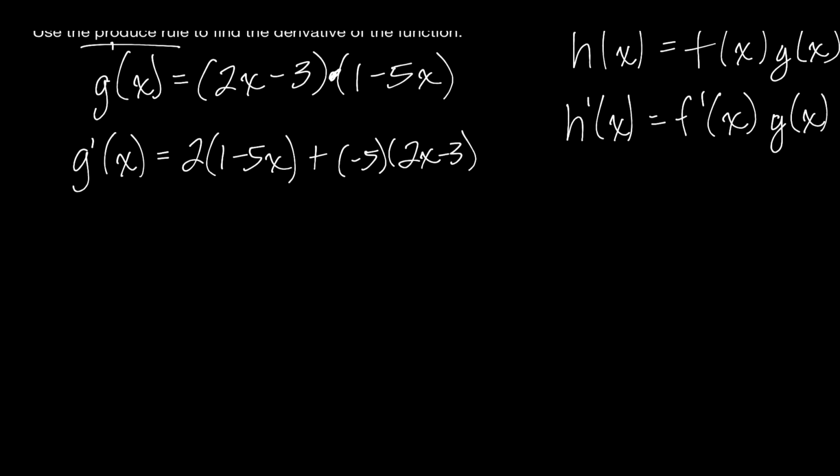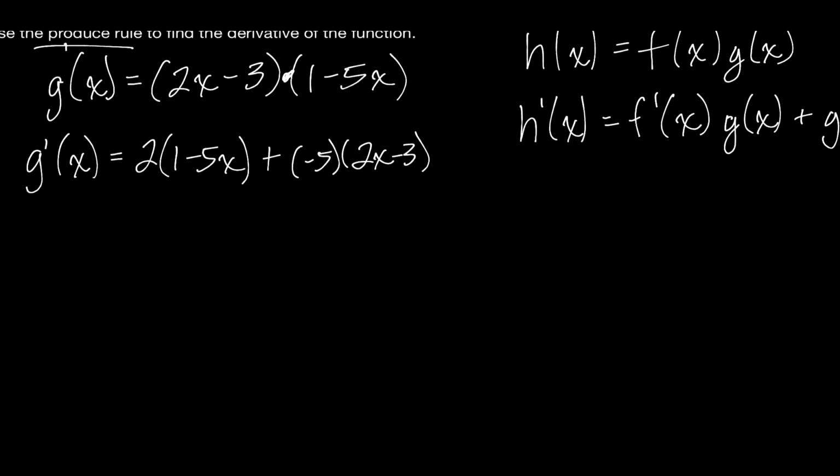So if this were like a competency in one of my courses, at this point here, you'd be done. But you might want to learn how to clean these up, because in the end, you may have to set them equal to 0 so that you can get critical values. So we'll start by distributing this 2. Gives me 2x minus 10x.